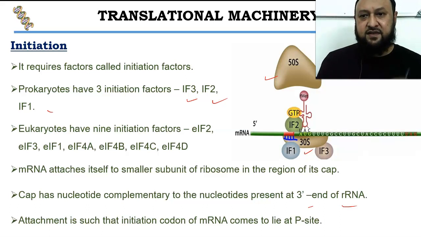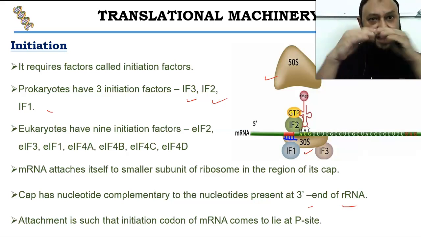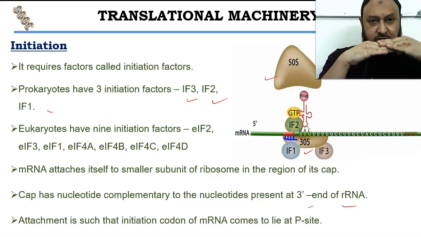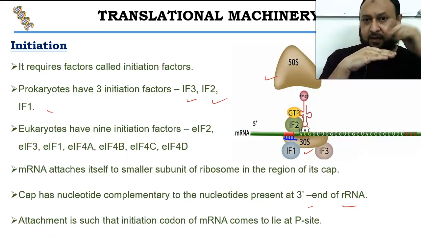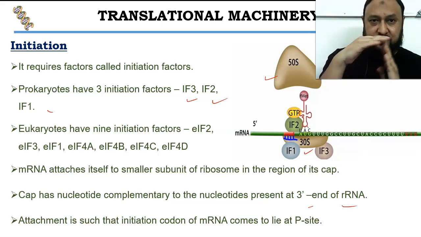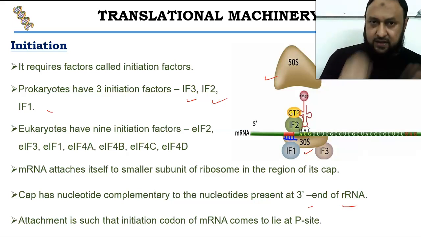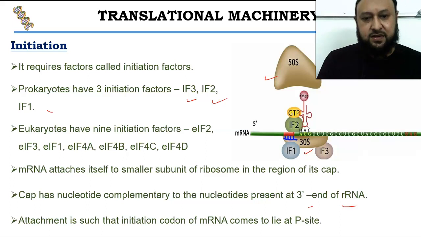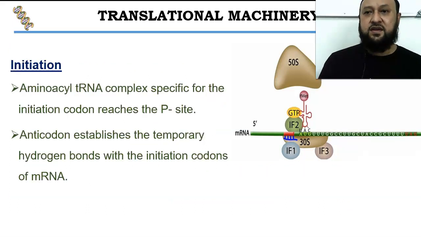Now, the attachment is such that the initiation codon of the mRNA comes to lie at the P site. The attachment of the mRNA to the smaller subunit is such that the start codon AUG lies at the P site, so that initiation takes place. When initiation takes place, the amino acid-tRNA complex specific for the initiation codon reaches the P site.